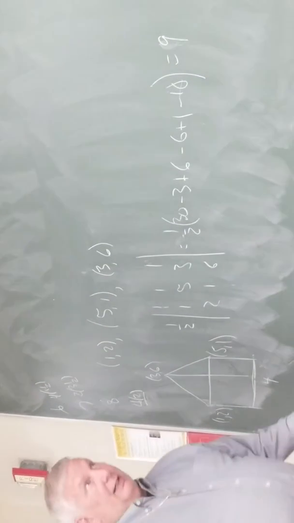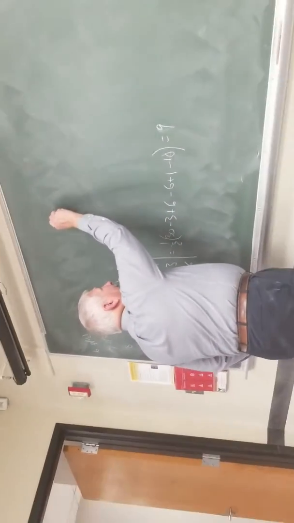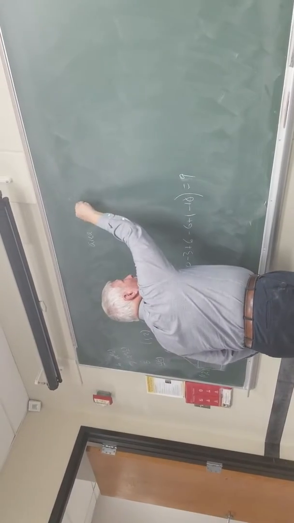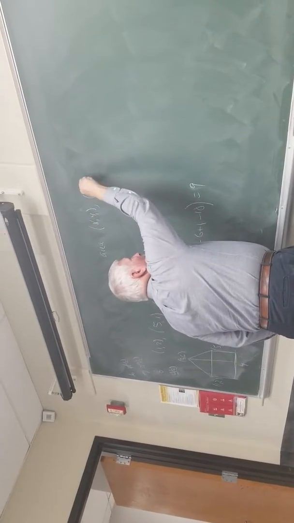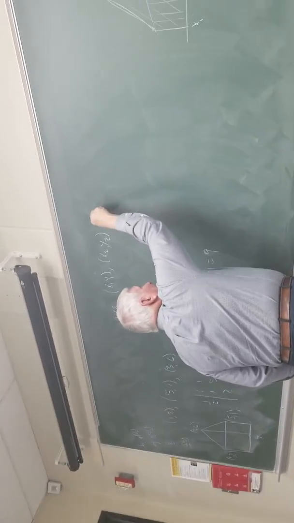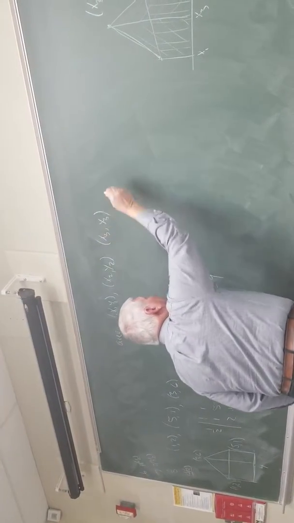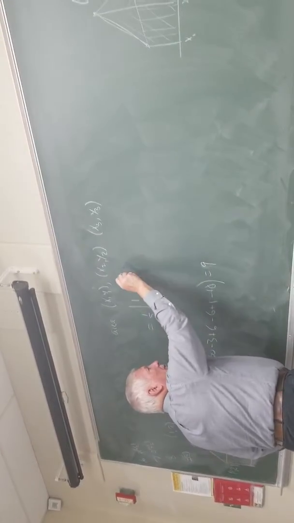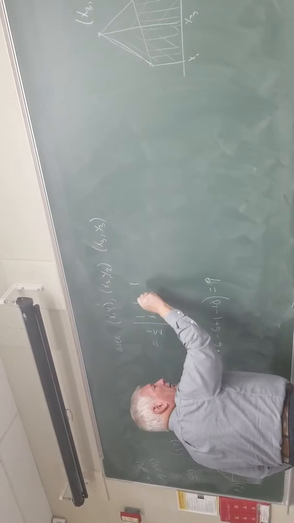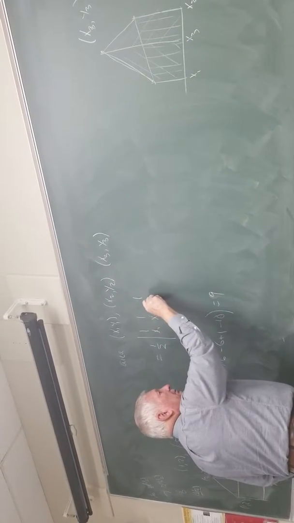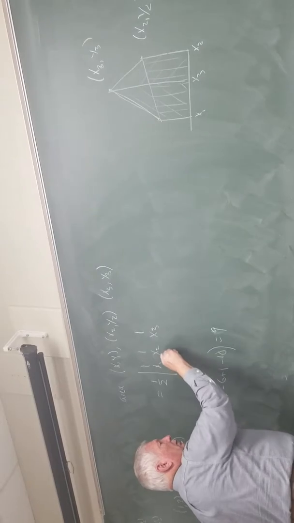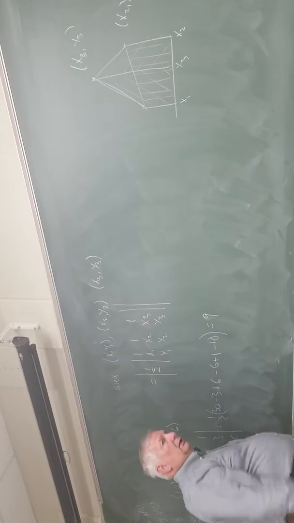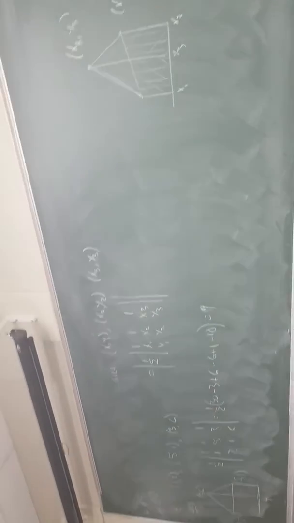So, that gives us another formula. The area of the triangle with points x1, y1, x2, y2, x3, y3 is 1/2 of the determinant of 1, 1, 1, x1, x2, x3, y1, y2, y3, absolute value of that result, depending on the order of the points.